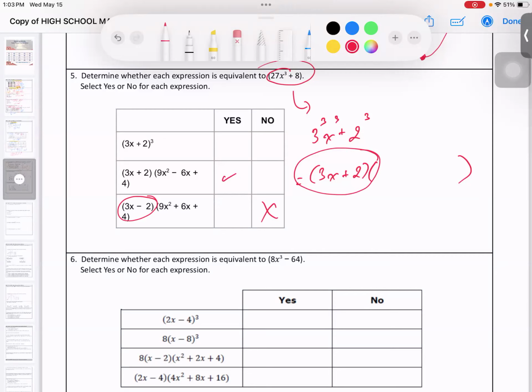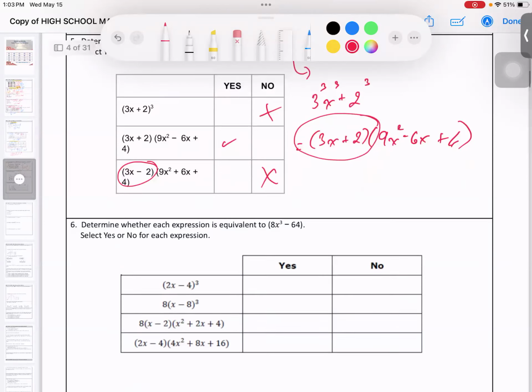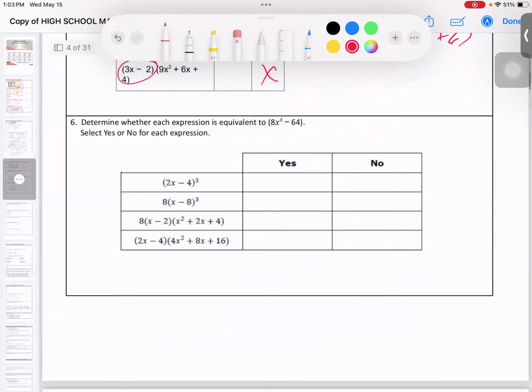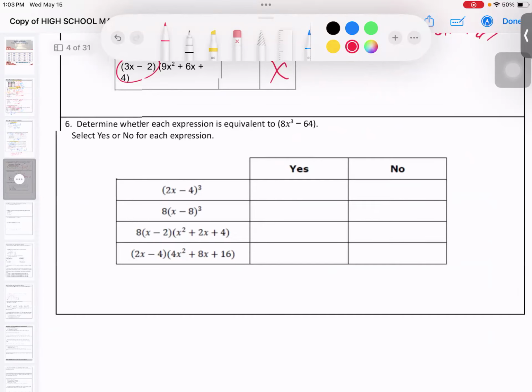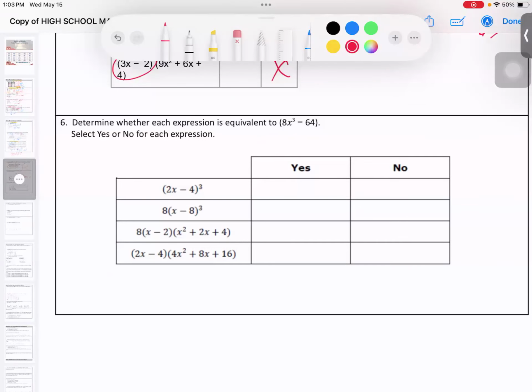This is yes, and then this is no. It's going to be 9x squared minus 6x plus 4. All right, last one. Do no more.